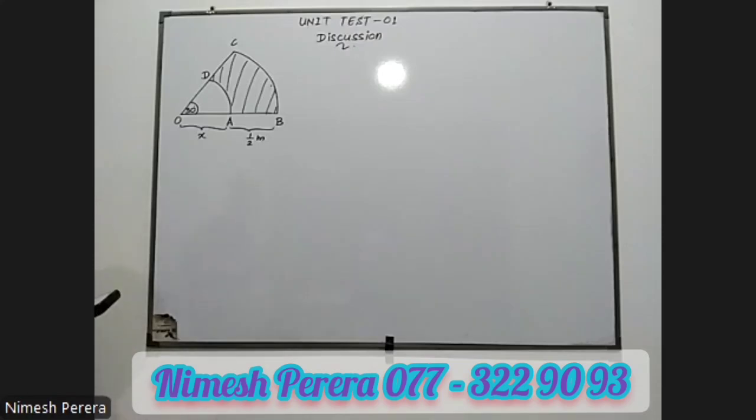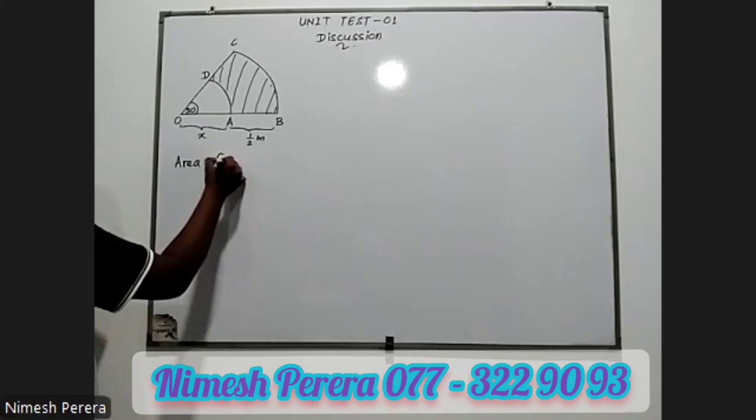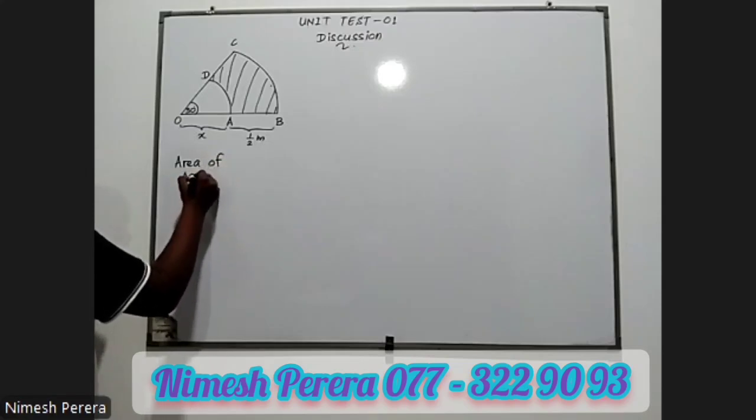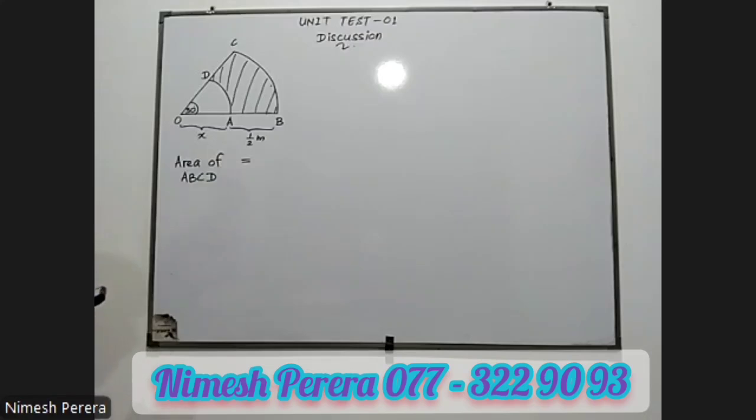The data given is if the area of the shaded region, area of ABCD, is equal to twice the area of the circle whose radius is OA.